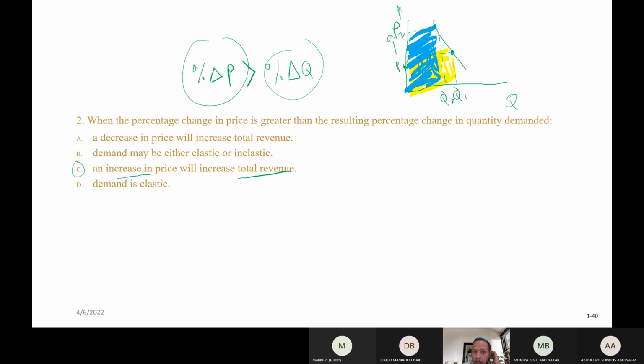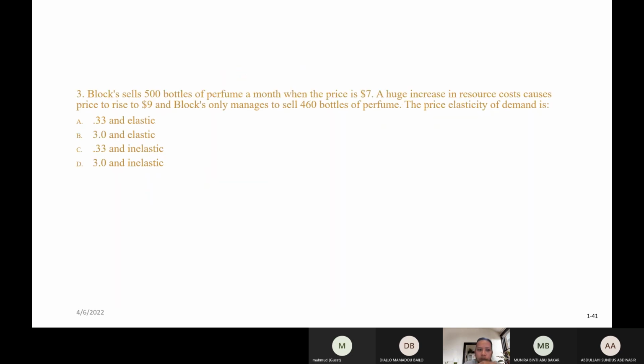So they can still maintain a high quantity. For example, if previously people were buying 100, if you increase the price, the quantity doesn't change if it's inelastic, or it only reduces a bit. So in this case, it would increase total revenue. This is just another example. Let's try another one. Thank you, Sister Munira.